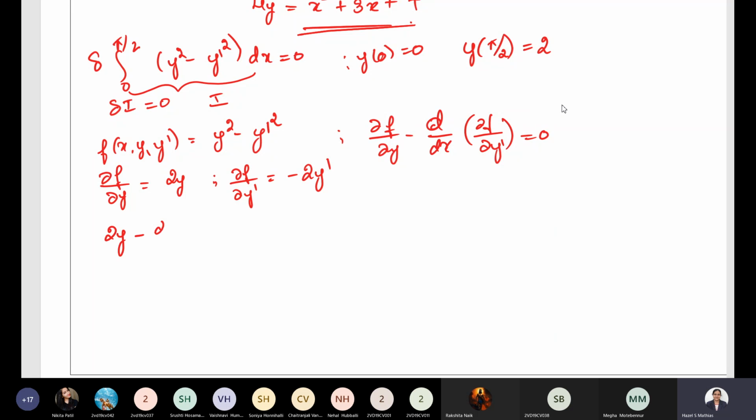We get 2y minus d by dx of minus 2y dash, that is equal to 0. This can be simplified as 2y, minus of minus will become plus, differentiation of 2y dash will be 2y double dash, that is equal to 0. So when we divide by 2, what do we get? y double dash plus y equal to 0. Correct?